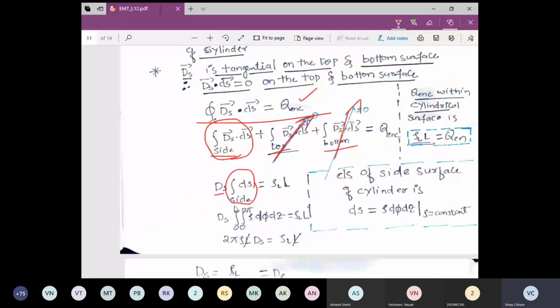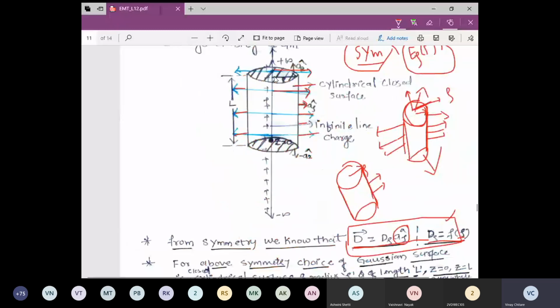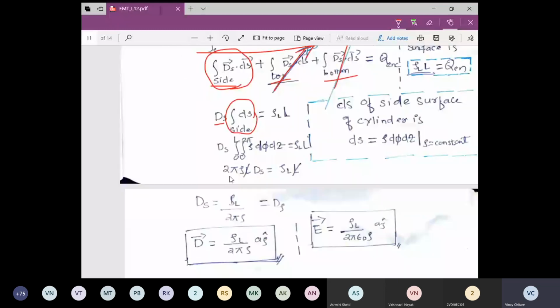And rho is a constant, because we have taken the cylinder of radius rho. It leads to 2 pi rho L. That is the surface area of the cylinder, where rho is the radius of the cylinder and L is the length of the cylinder.